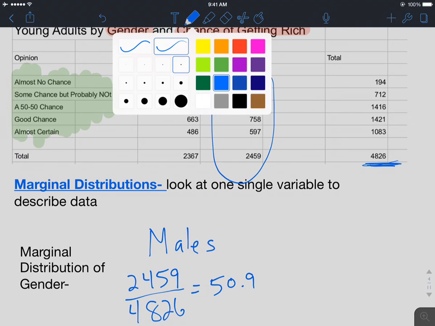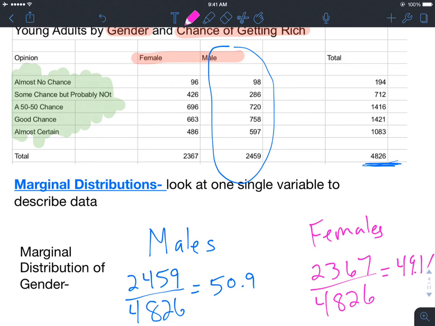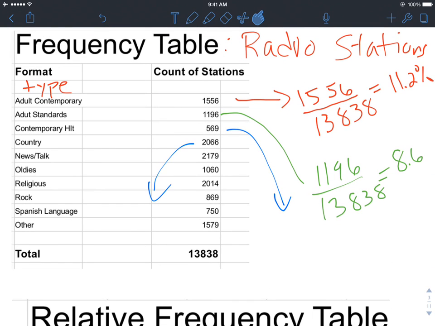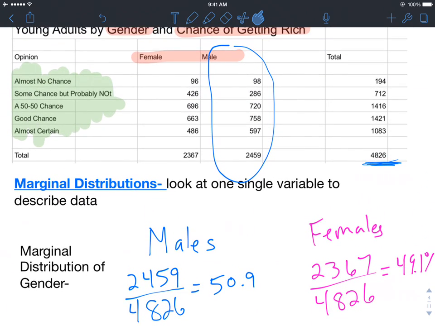So that means for females, the total amount of females is 2,367 divided by the total amount, and that's going to give us 49.1%. So that is just the marginal distribution for one variable.